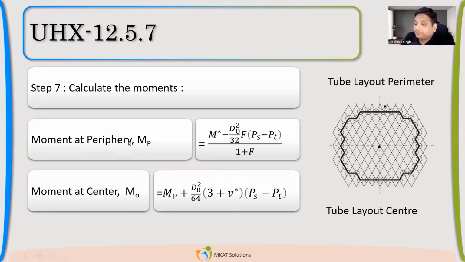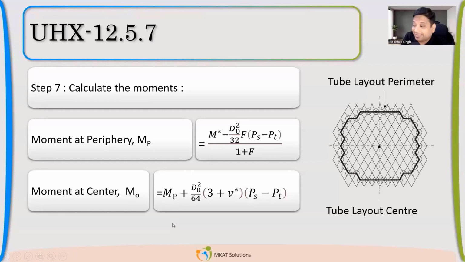Are you thinking like that, that MP will be less because we are adding here? Yes. Now, the moment itself, like this PS minus PT, if PT is more, this will become negative. So we don't know what will happen. Here also, it can be plus or minus.